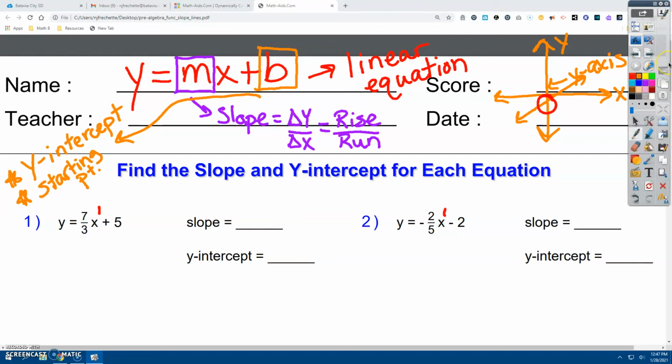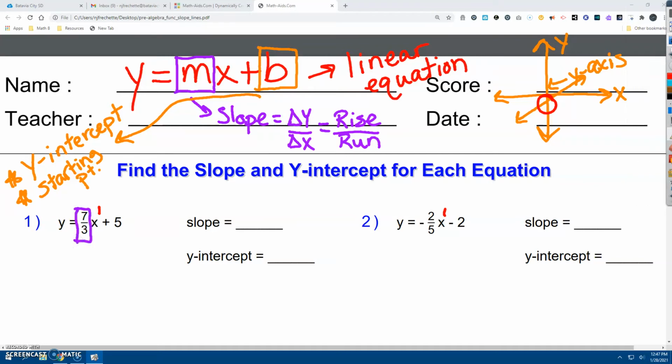So we're going to go down to our first equation, and I'll change it to purple. And we have y equals 7 over 3x, or 7/3 x plus 5. So if you look up at our equation, our m is right here. So our slope, or our m, equals 7 over 3. You should be saying to yourself, is that a positive or negative slope? Oh, it's a positive, so it's a positive slope, right?